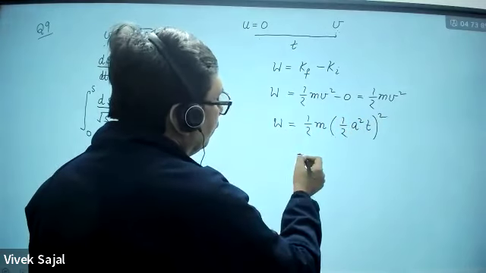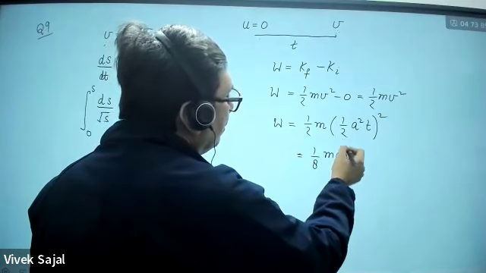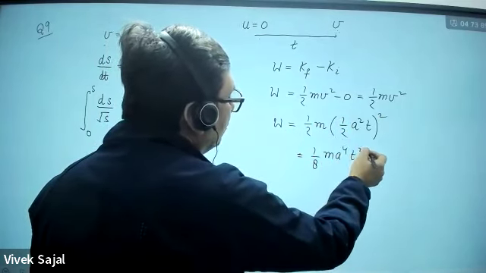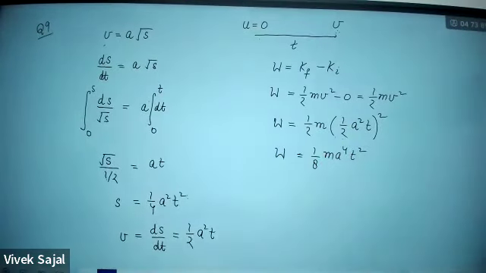So this will be 1 by 8 m a to the power 4 t square. That will be the work done. So W is 1 by 8 m a to the power 4 t square. This is the work done.